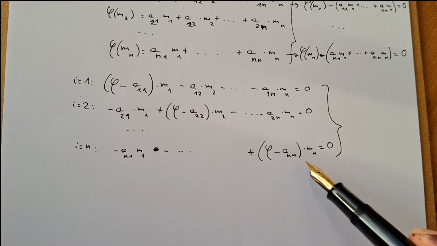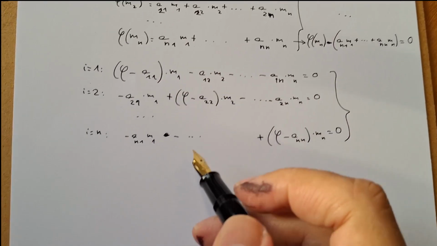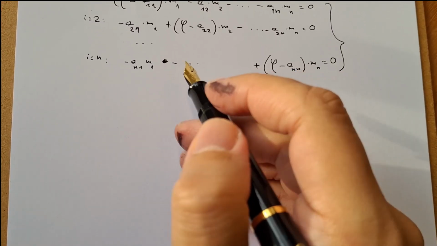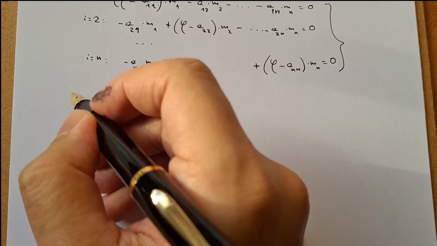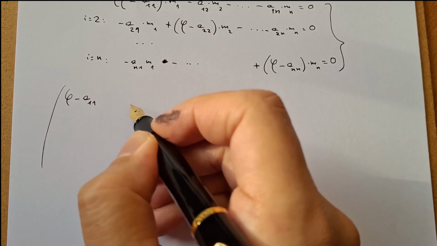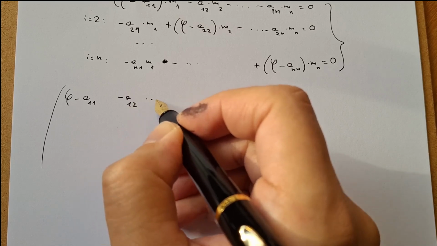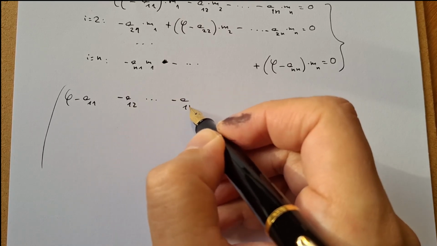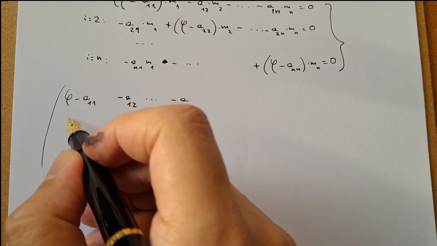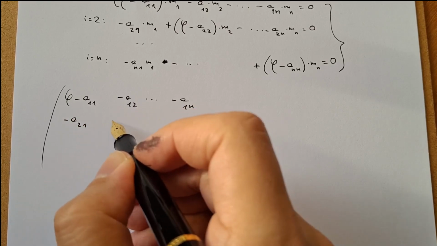And this is like this diagonal. So let's represent this as a matrix, which will be quite useful. So we will have psi minus a11, and then minus a12, etc., minus a1n. Now for the second row, we have minus a21.